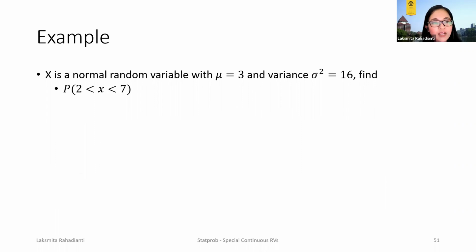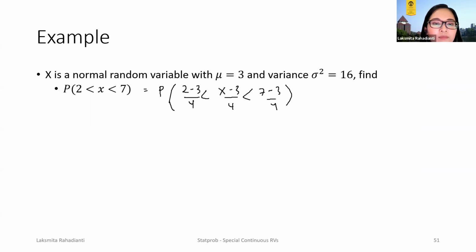Just don't forget that in this case, when I'm doing that, I need to do 2 minus 3 divided by 4, which will bring me to the probability of negative 1/4 less than Z less than 1.